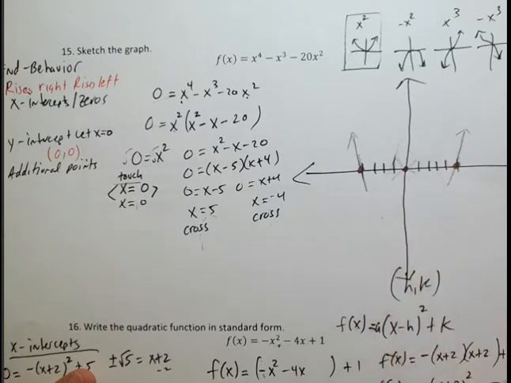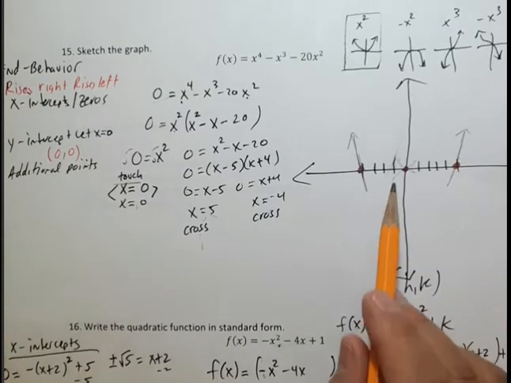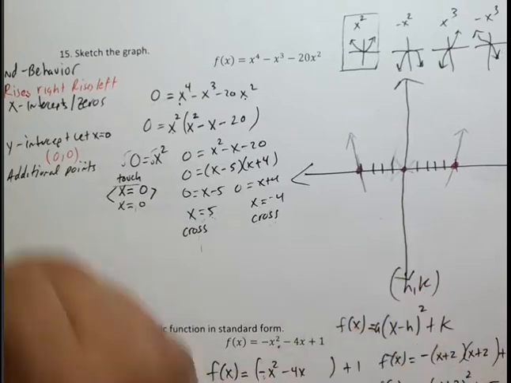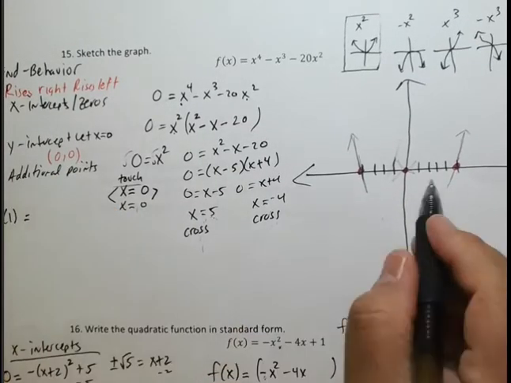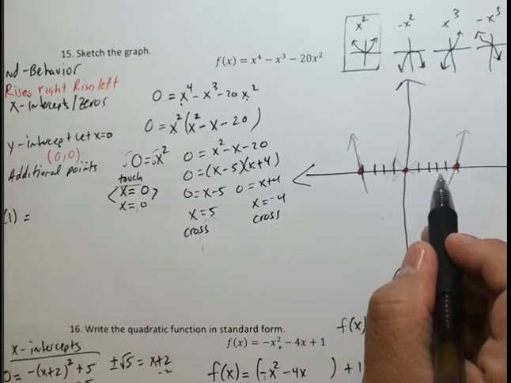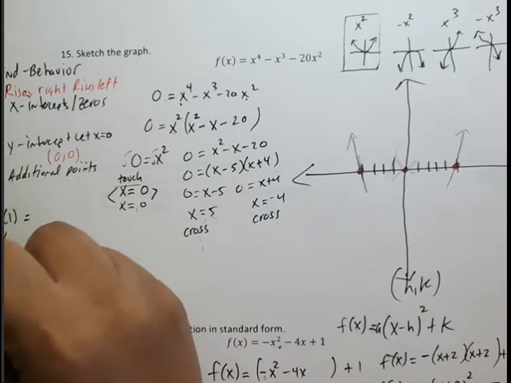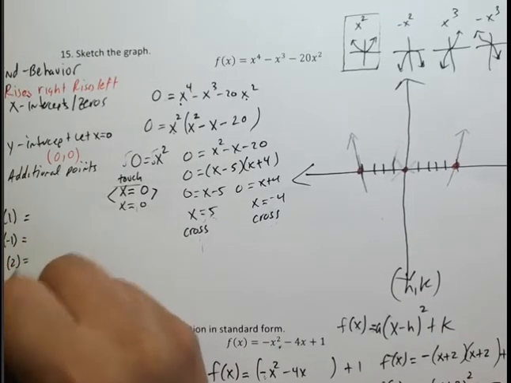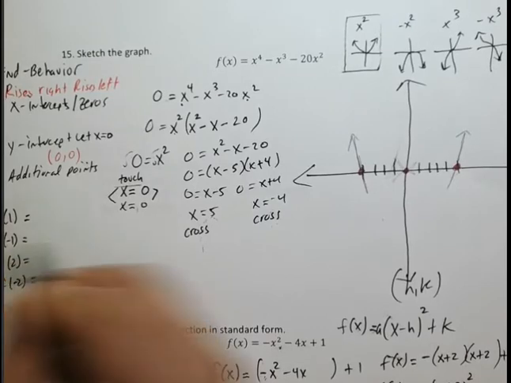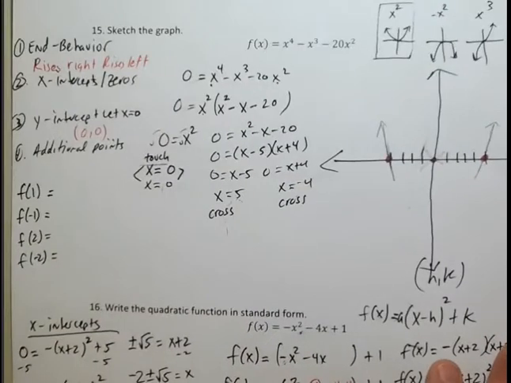So we can plot f of 1, f of -1, and 2. You can pick as many points as you want or as few as you need. It's up to each of you to decide how many you need.